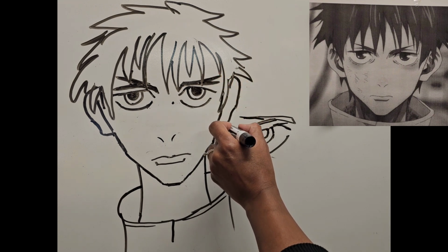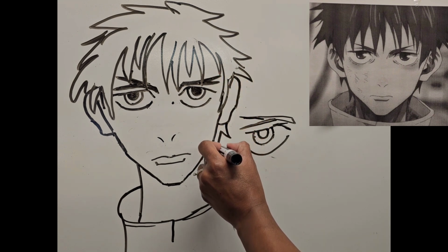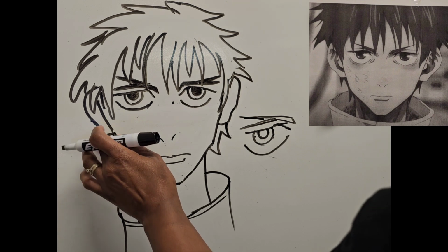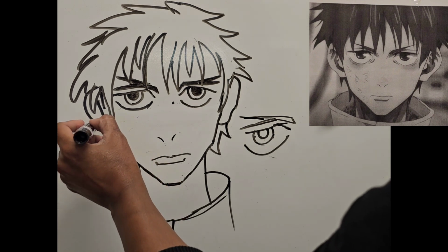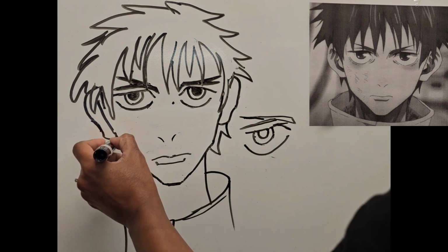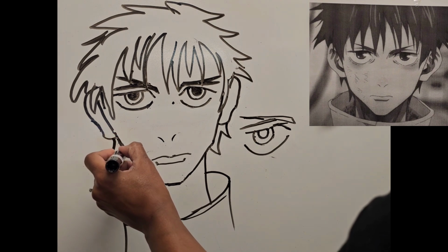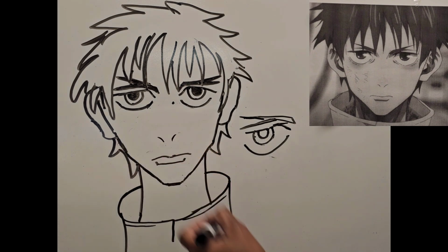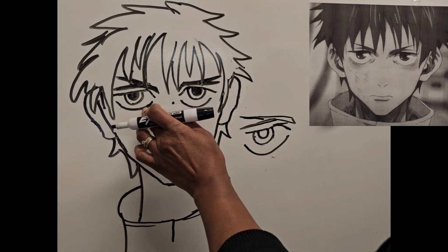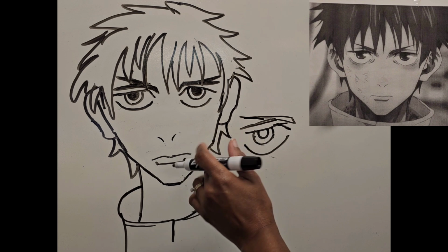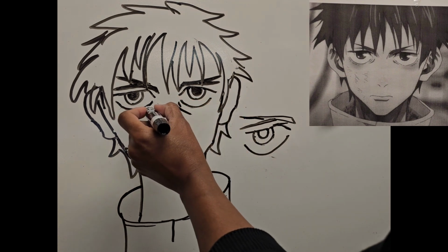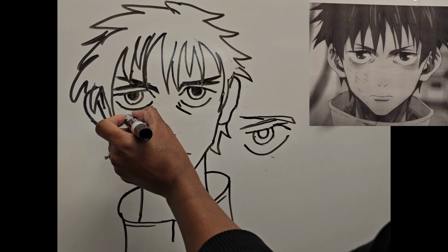And it looks like he has hair coming here too. And fix that ear. And he has hair coming here. And a little bit coming down on the side there. Take that out of there. And then they have these little lines here coming from his face.